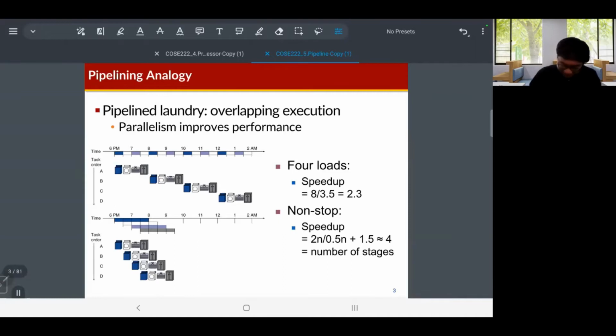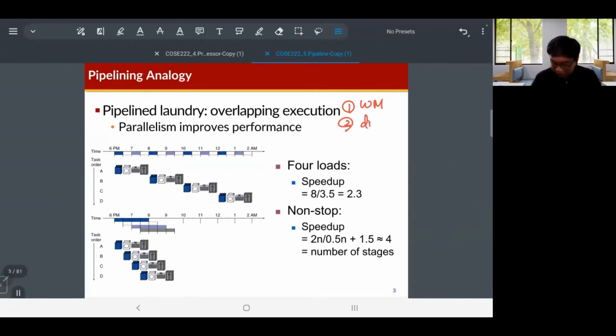So let's see some analogy of the laundry process. And then we can define the required steps for this laundry process. So the first step is we need to use the washing machine, and then after we wash our clothes, we need to dry our clothes with the dryer.